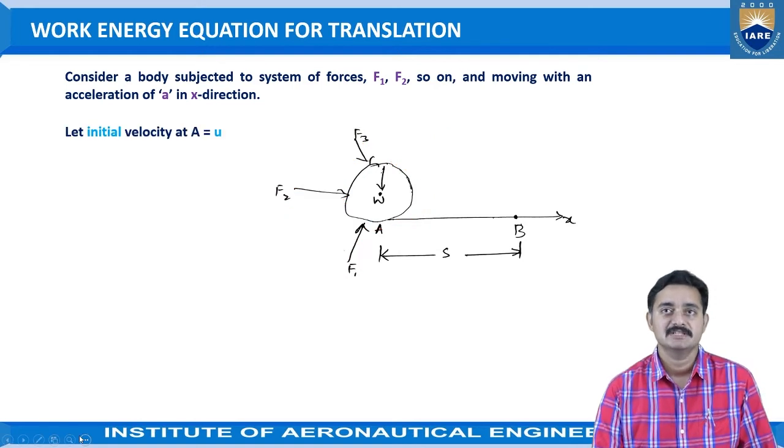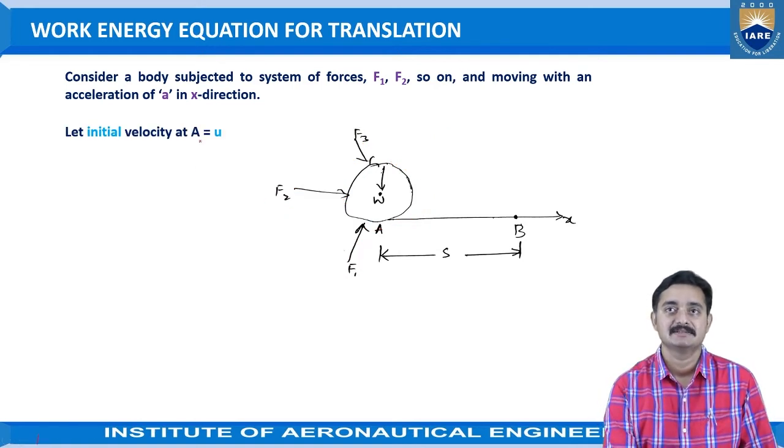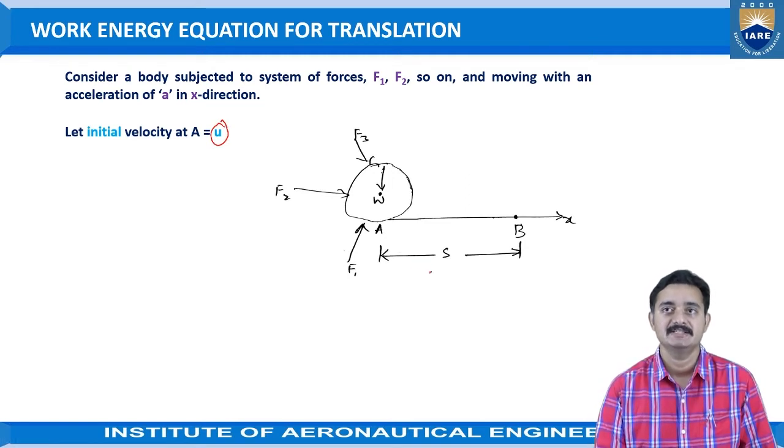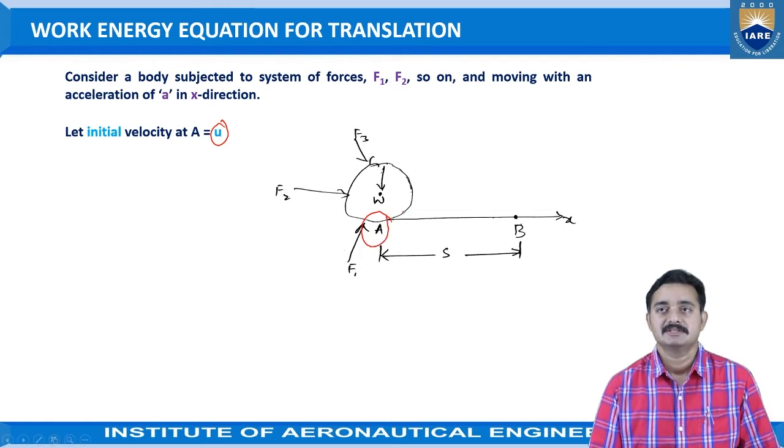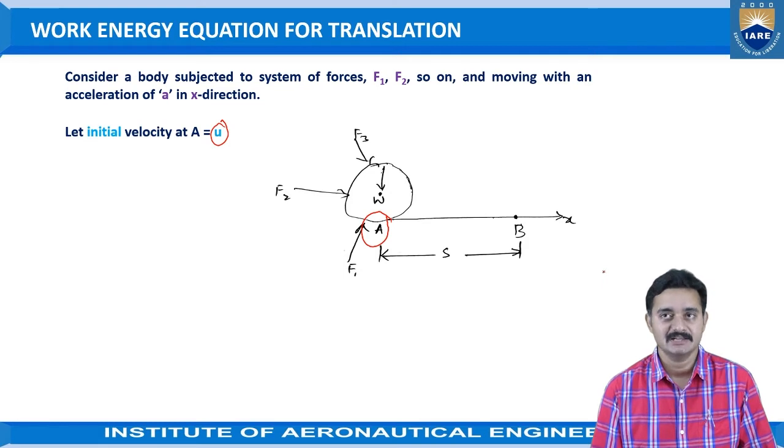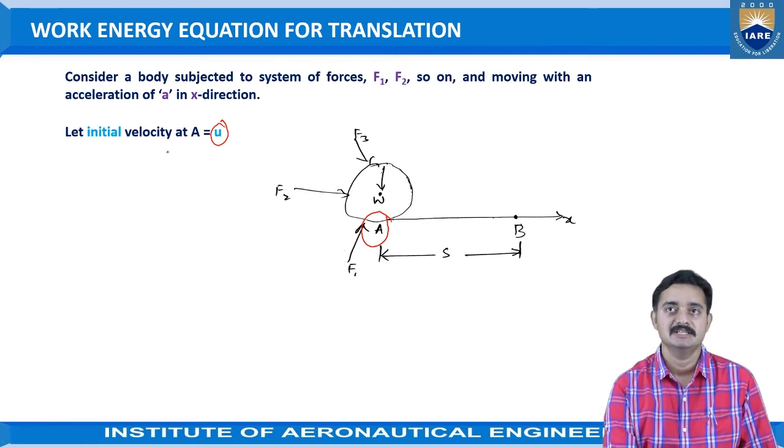The initial velocity would be assumed as u. The object is at the starting point A, and the initial velocity is considered as u here.